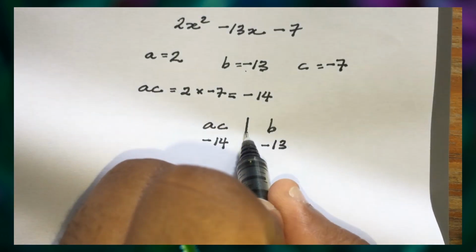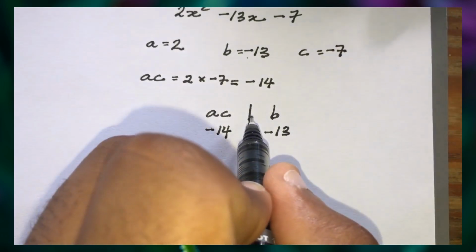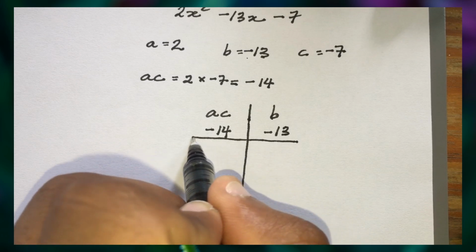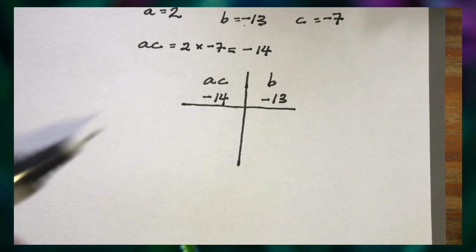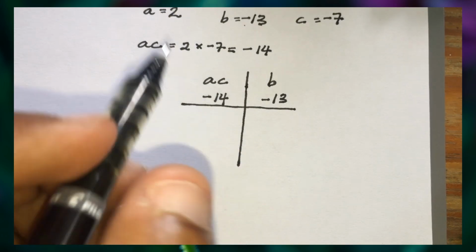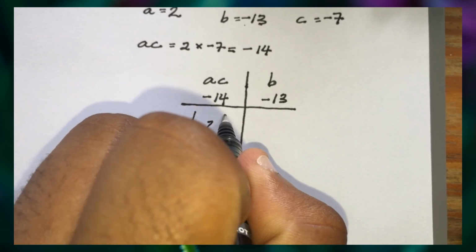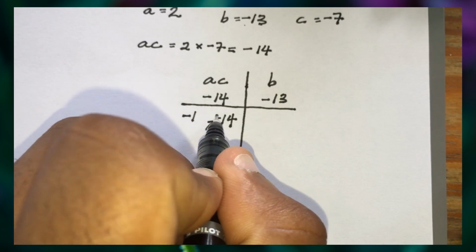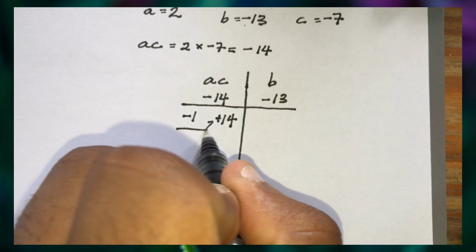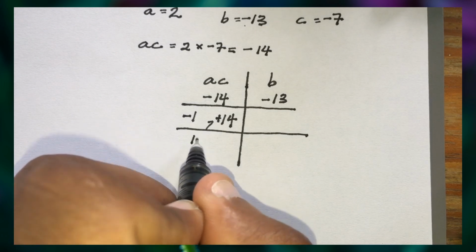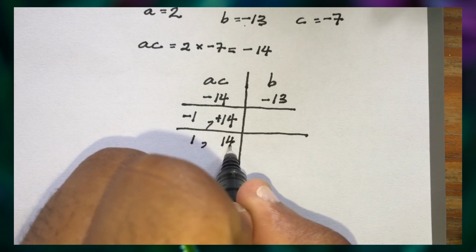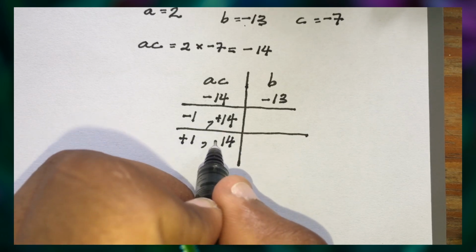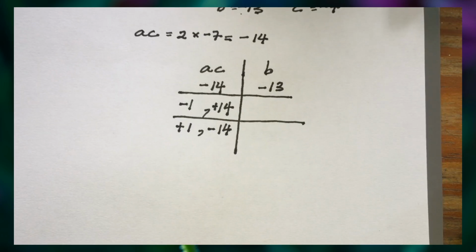Now I can begin searching for the factors of AC. For negative 14, the factors are 1 and 14, and it's negative, so I'm going to have a negative 1 and a positive 14. I'm also going to have 1 and 14 again, but this time I'm going to switch the sign, so the 1 is positive and the 14 is negative.